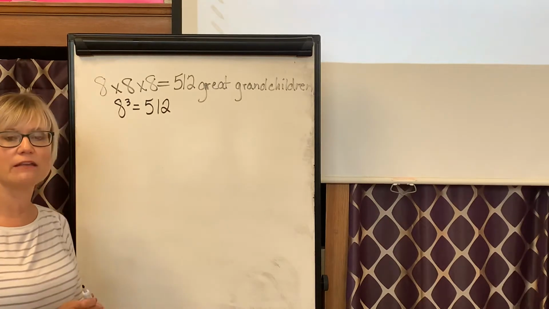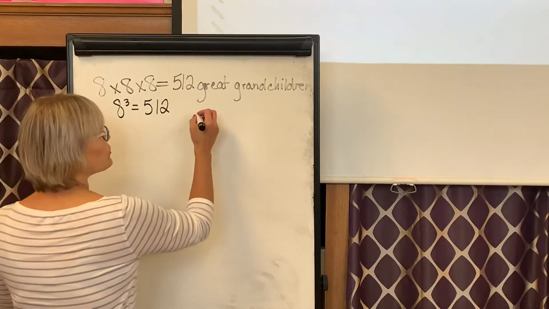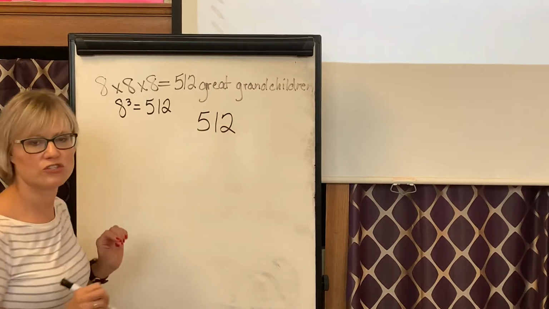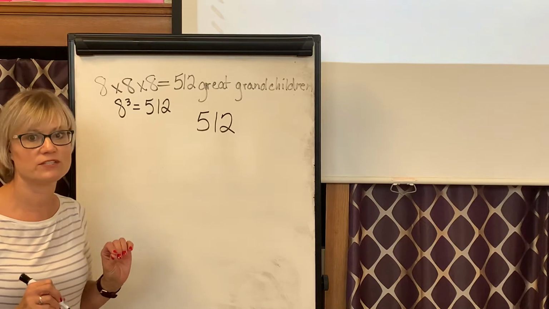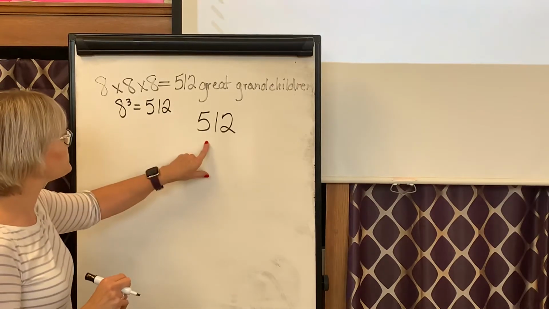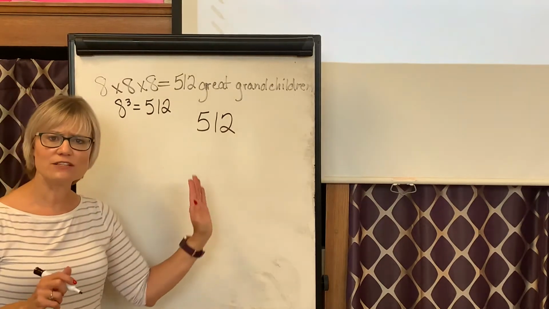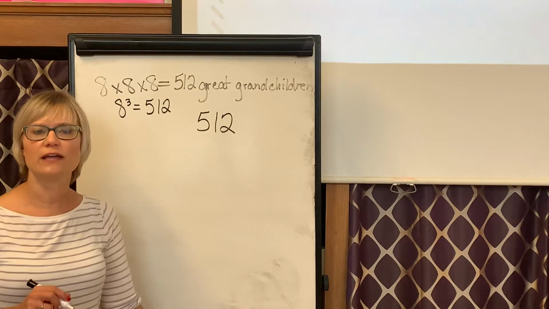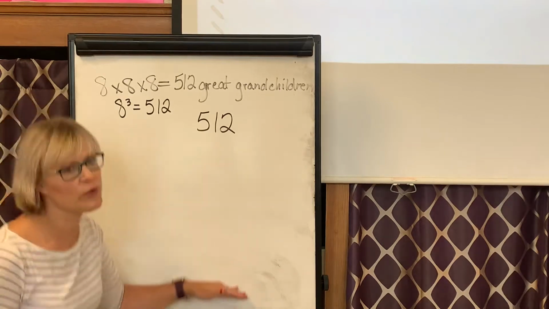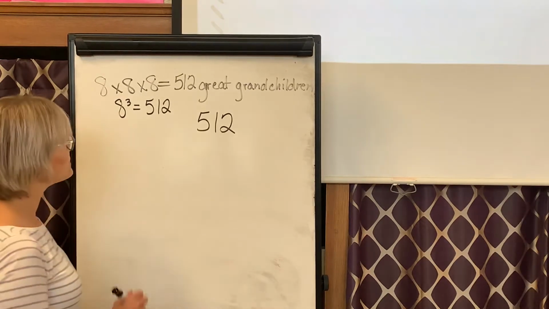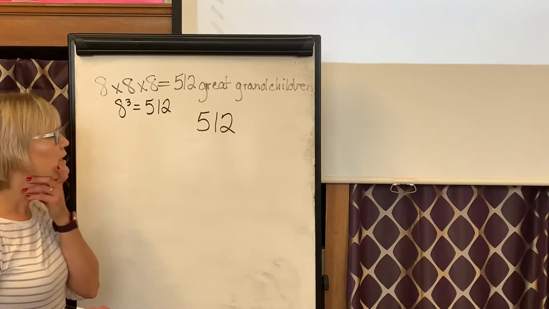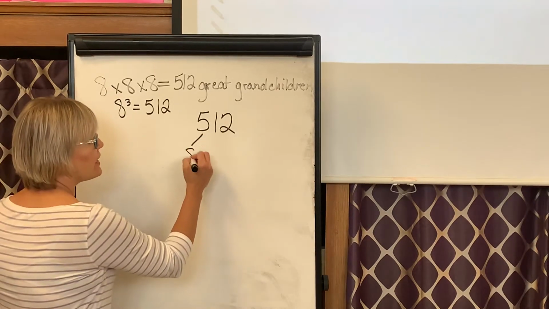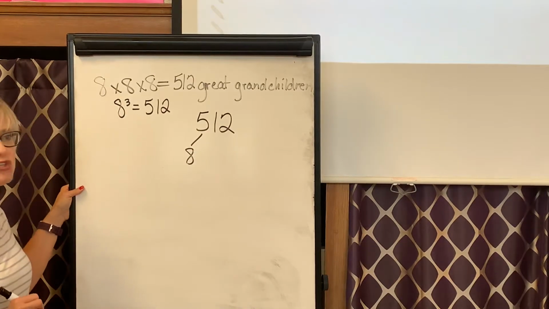Now, to find the prime factorization. We've got 512, which is the number of great-grandchildren that they have. Holy smokes, that's a lot. Okay, so now I've got to start with 2 factors and move down in order to find the prime factorization. I have to get all the way down to all prime numbers. When I look at this, I know that I can have 8. 8 is going to be a factor of 512.